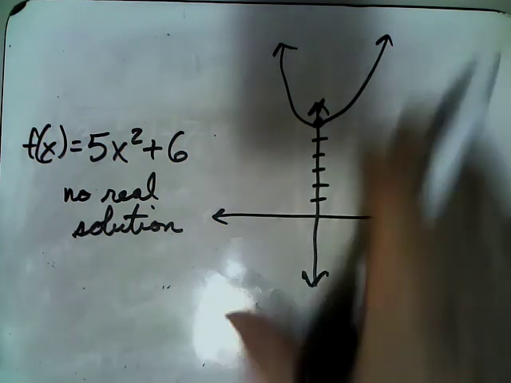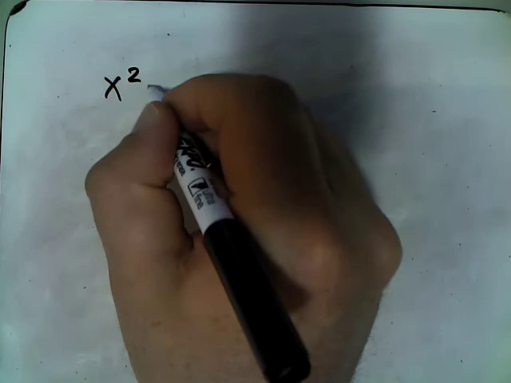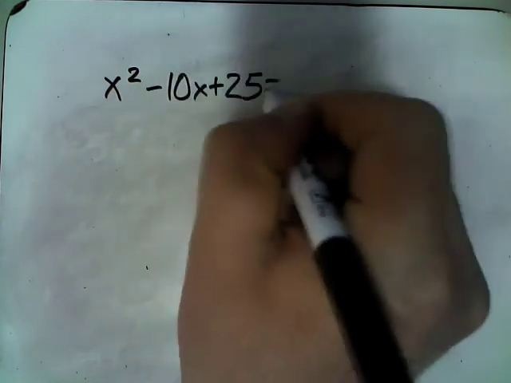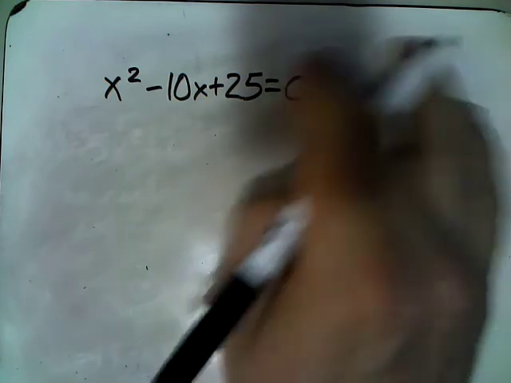All right, and if we check out the last one, x squared minus 10x plus 25 equals 0. So again, the related function would be f of x equals that.